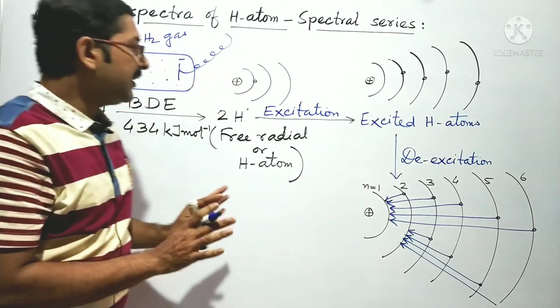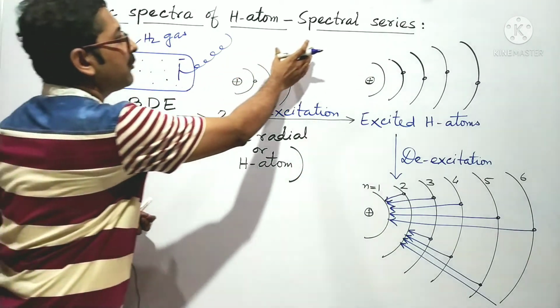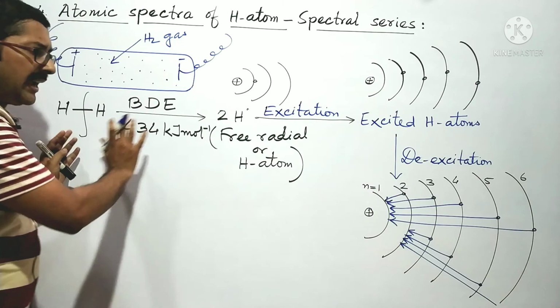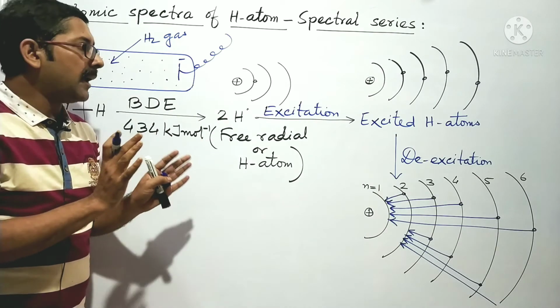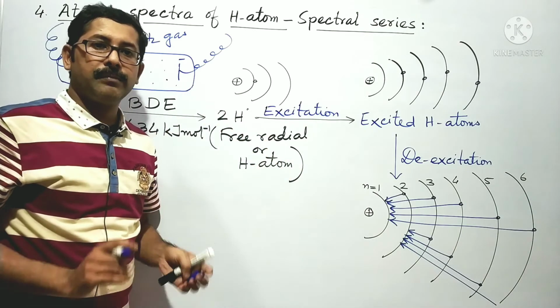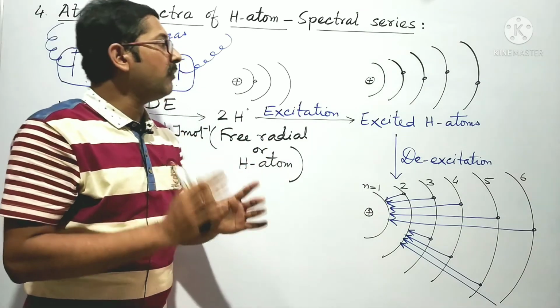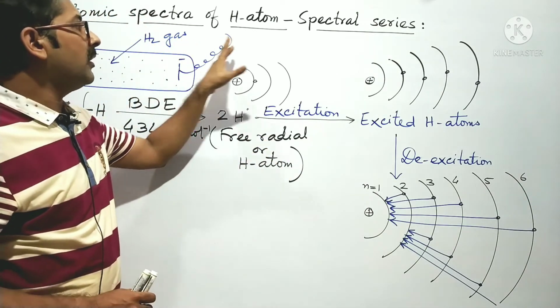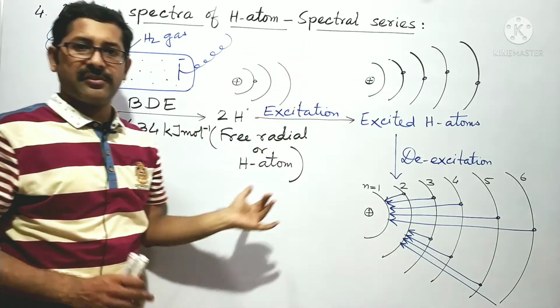Okay, this is the idea of the production of the spectral series of lines. So actually this is an emission spectroscopy, right? Now we will find the Rydberg equation for different series of lines, right?